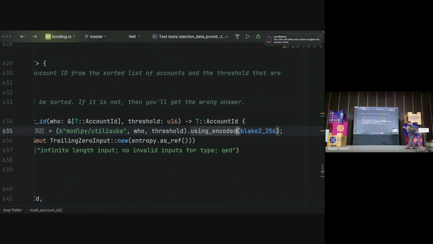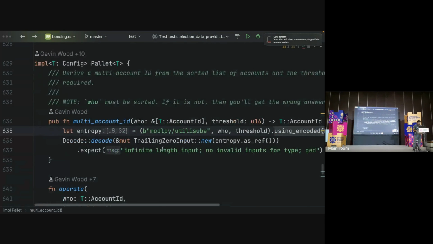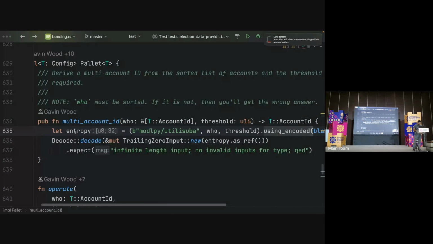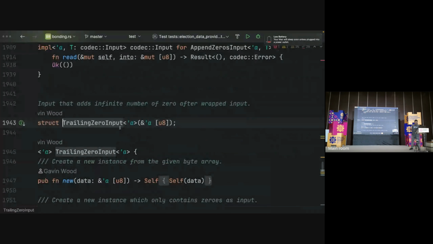Okay, so what I believe is happening is it takes this, it hashes it with this cryptography, right? And then you take this entropy, you do this trailing zero input. So I think what it does, let's see the documentation. Imagine from the random bytes that you generate, it's not filling the whole account ID, right?